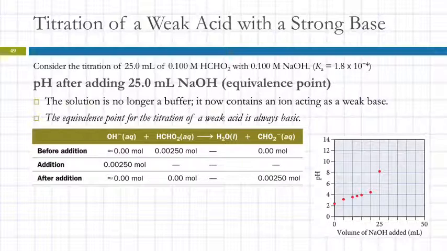That's the conjugate base of a weak acid, and so it acts as a base. So we can look over on this graph here and see the pH is not 7 like it was with a strong acid. Equivalence point for weak acids is always going to be basic.